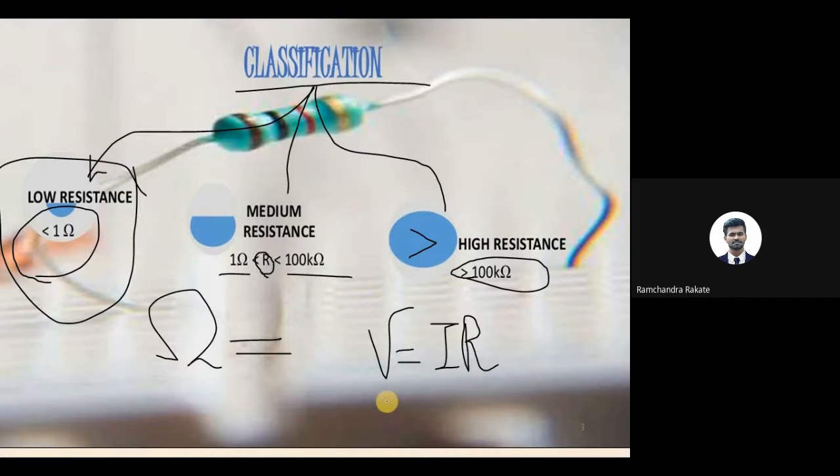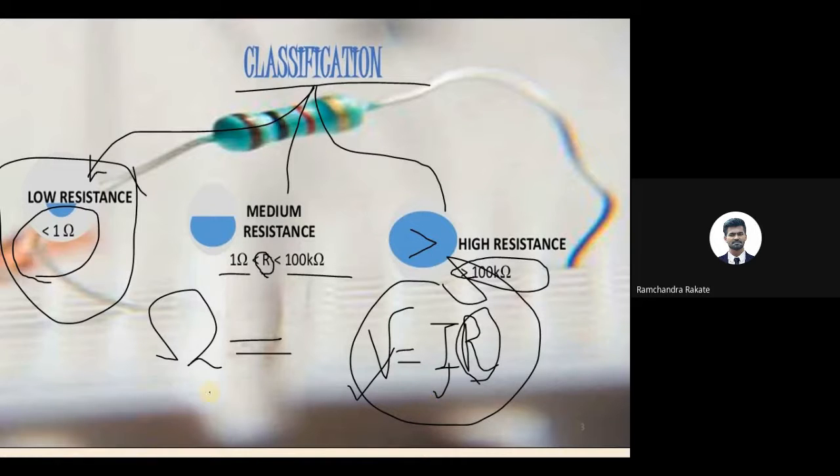Based on that, we will calculate the value of resistance. This is a basic fundamental law we all know. So resistance can be calculated by measuring current and voltage using Ohm's law. As a result, a circuit resistance value can be determined if we know the value of current and voltage. This is the basic formula of Ohm's law.